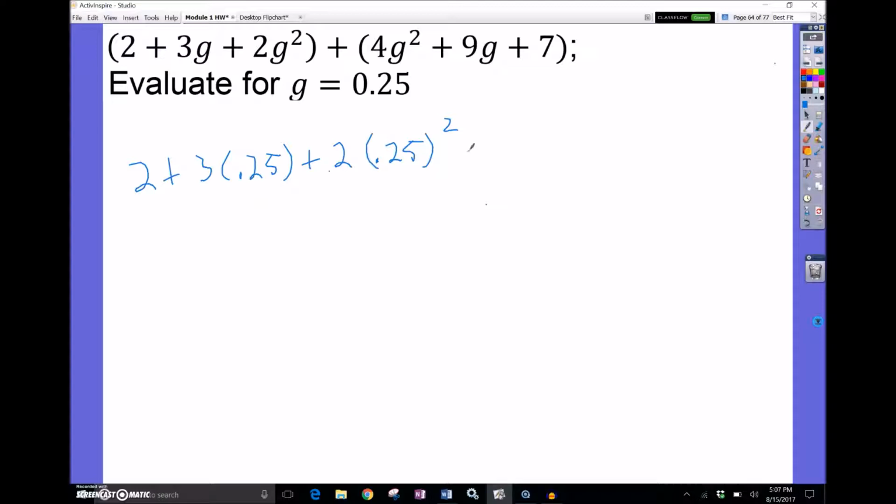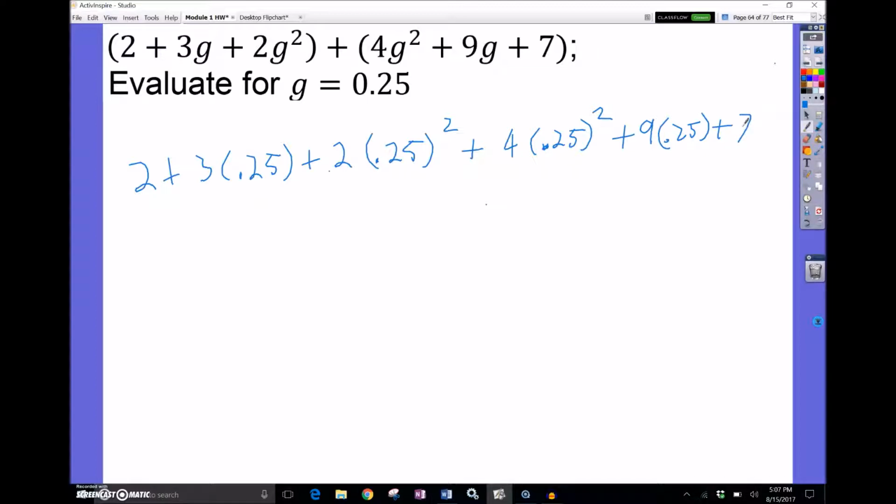Now since it's all addition, I'm just going to ignore the parentheses in the original problem. So it's going to be 4 plus 0.25 to the second power plus 9 times 0.25 plus 7.